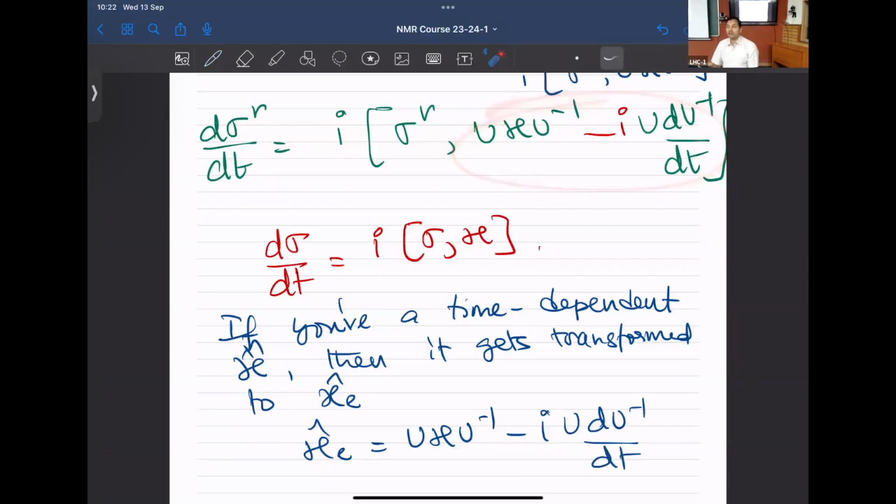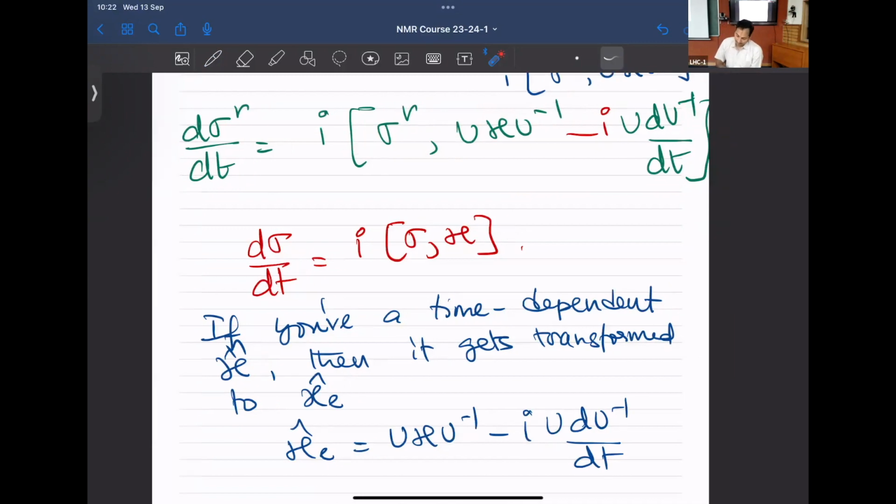Basically, this becomes your new Hamiltonian. Did that make sense? Yeah, we'll try to take an example and see it. Then everything that we did in the previous classes will make sense, right? Okay.